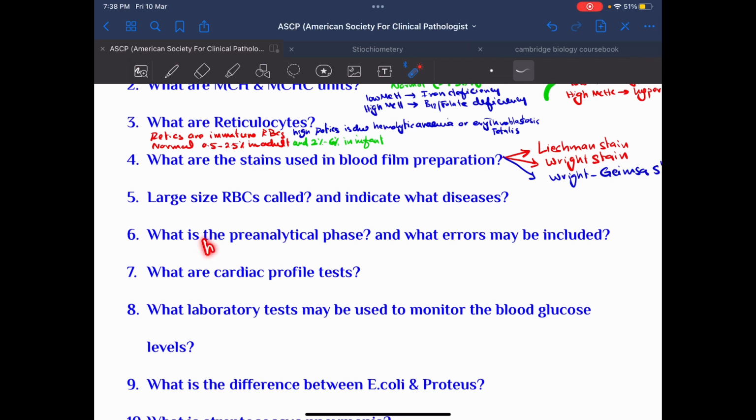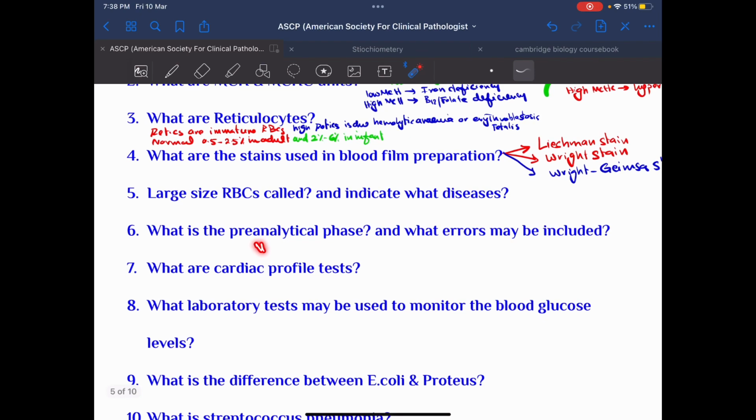The most common errors include hemolyzed sample, clotted sample, mislabeled sample, or unlabeled samples, overfilled or underfilled tubes, incorrect container, leakage of the sample.